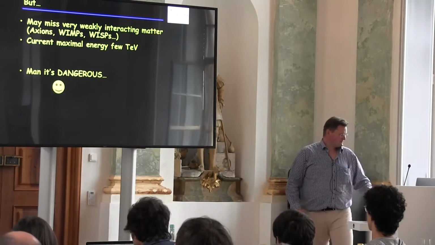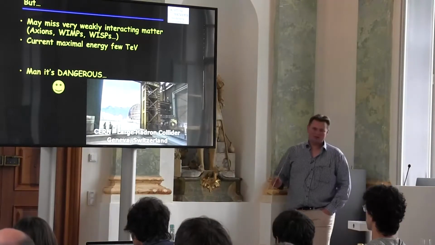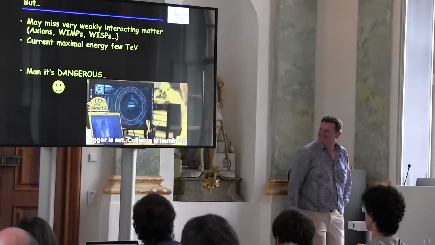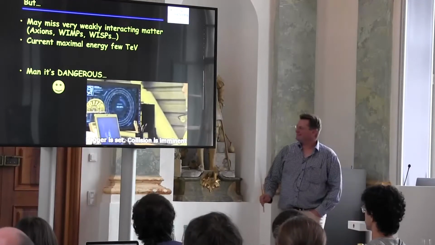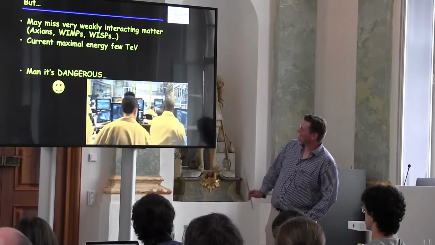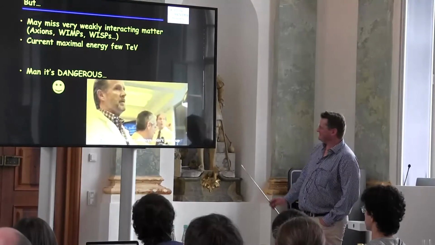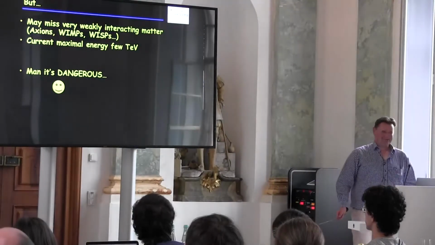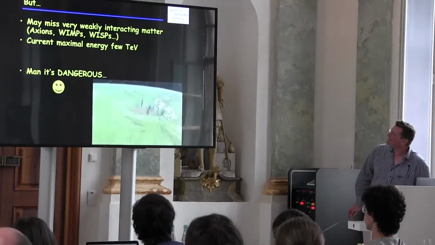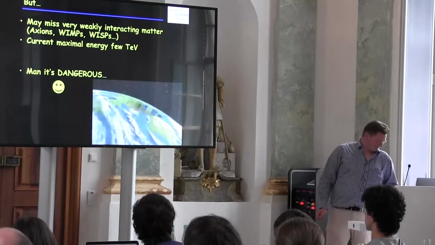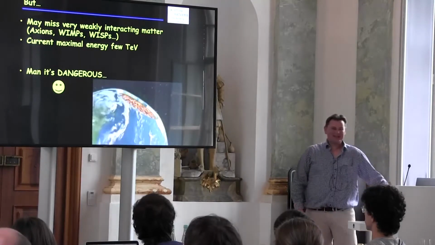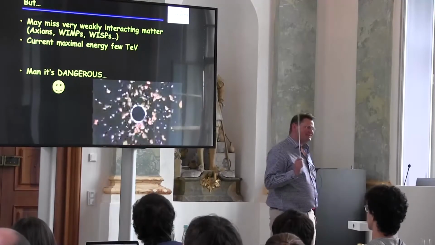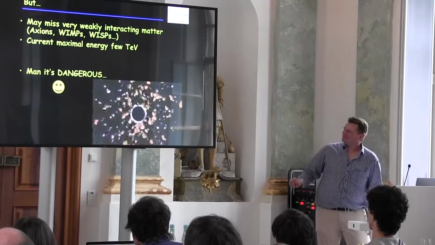Not so seriously, of course, these colliders are dangerous objects. You may have seen that, but I like that one. Just making a little bit of fun of these nuclear physicists. And then bad things happen. And you may think this is not going to happen because we already switched it on. But let's put it like this.